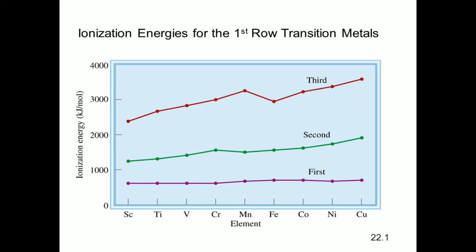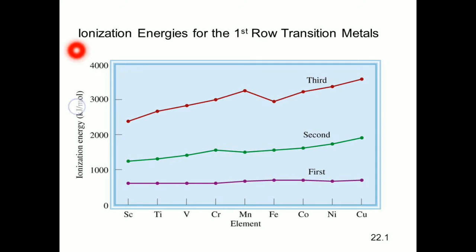Already we saw the atomic radii of the 3D series gradually decrease up to copper and then increase slightly because of electron-electron repulsion and nucleus-electron attraction. Here, the first ionization enthalpies are almost the same because all the elements have almost the same atomic radii.